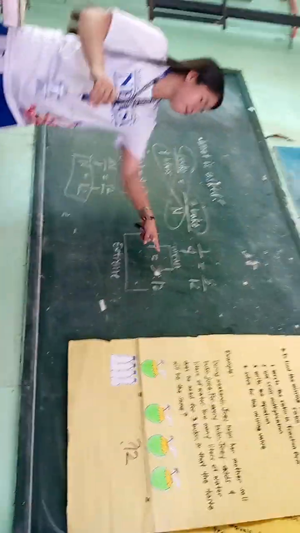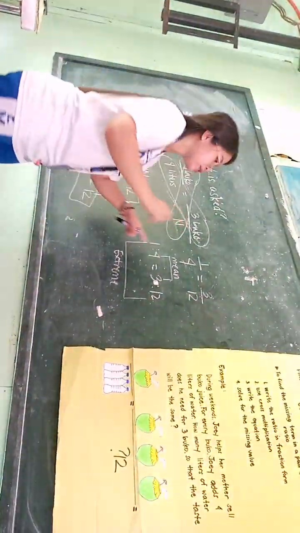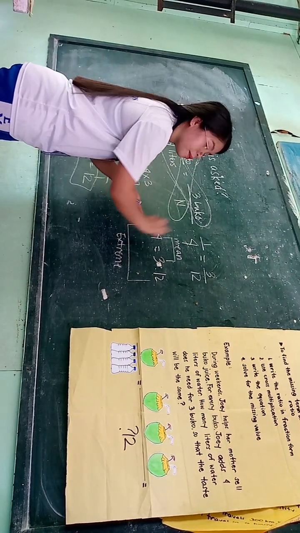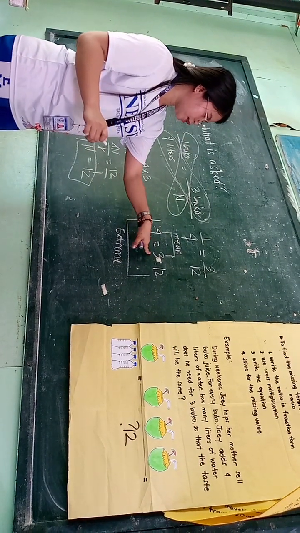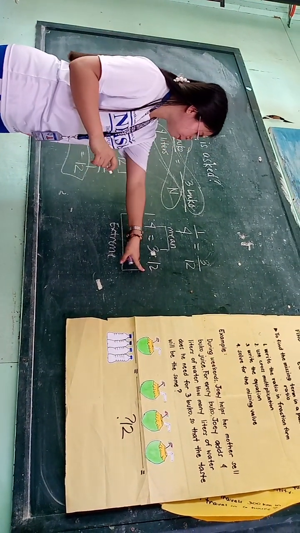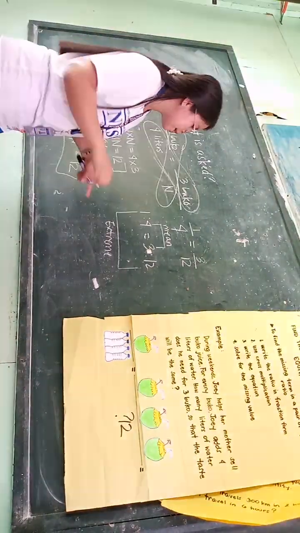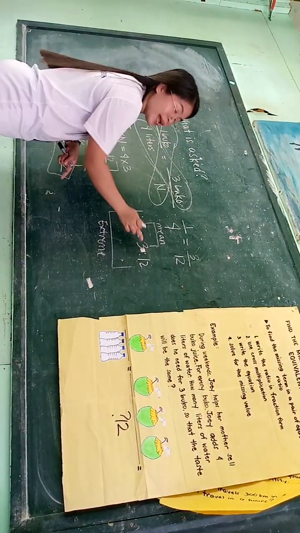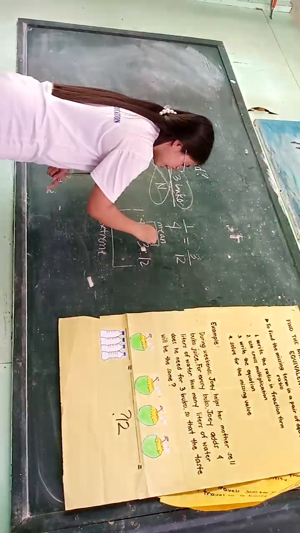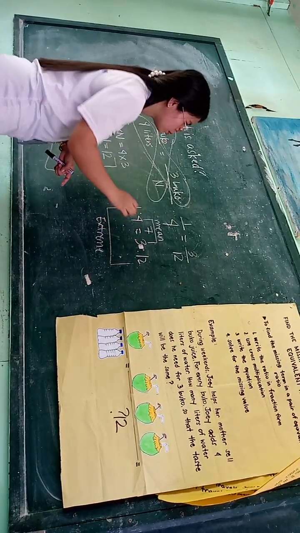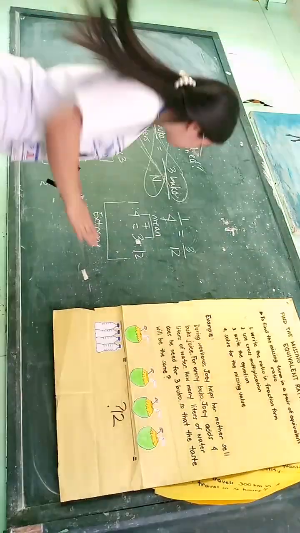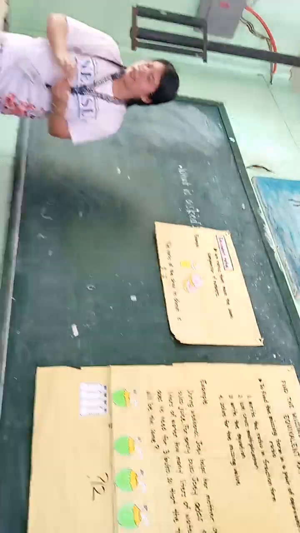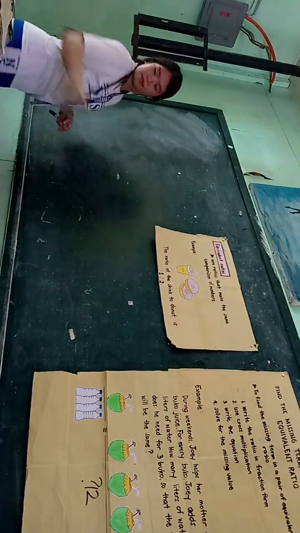To know if it is an equivalent ratio, we add the mean, the first term and the second term of the ratio, then we also add the extreme. So 4 plus 3 is 7, and 1 plus 12 is 13.